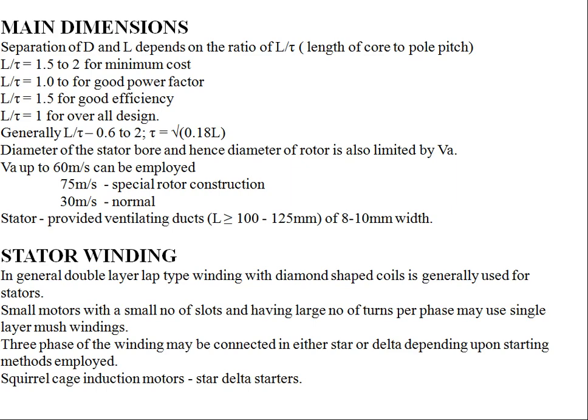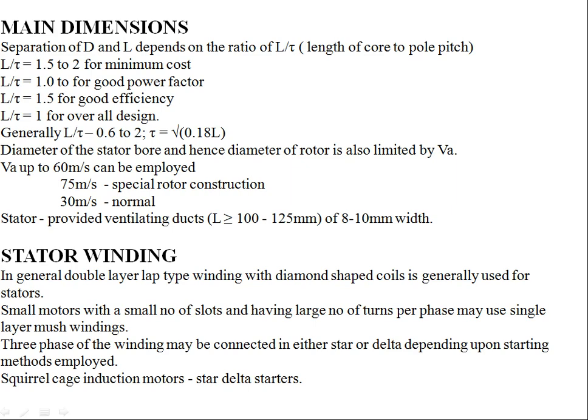So we can say it can go up to 60 for normal design only, but it is usually operated at approximately around these values. And for special cases, where you have special materials used or a special rotor design, we can go up to 75 meters per second.